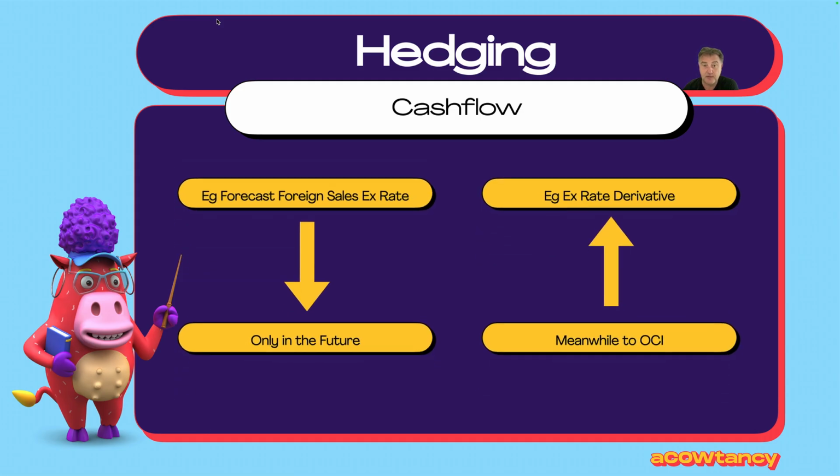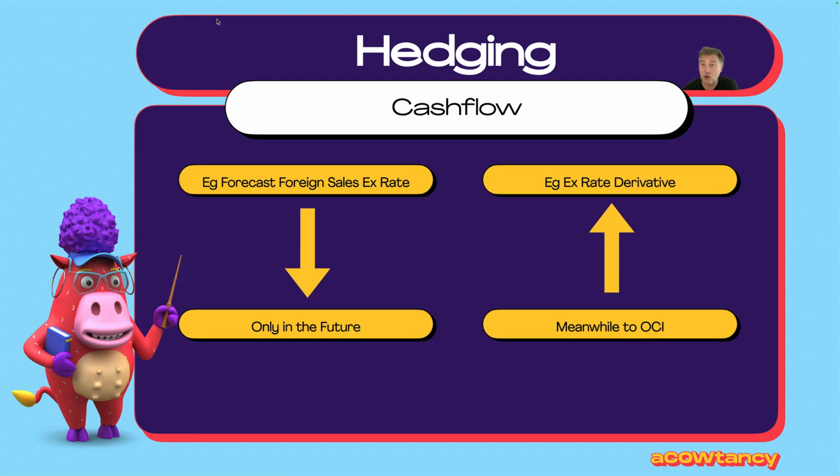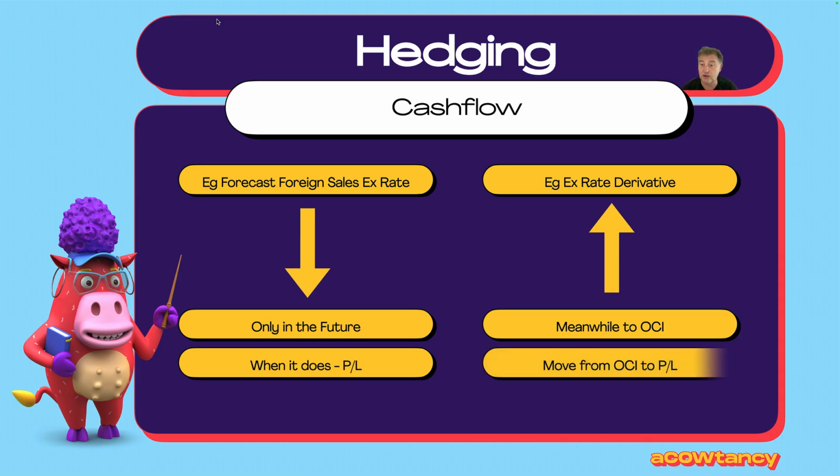And then, in the end, the exchange rate will move against you or in your favour. And when it does, you put it to the P&L. And then you say, yeah, but I also had some of that stuff in the derivative in the OCI, didn't I? So I will reclassify that from the OCI to the P&L. So they're matching again in the P&L. So you're just waiting a bit.